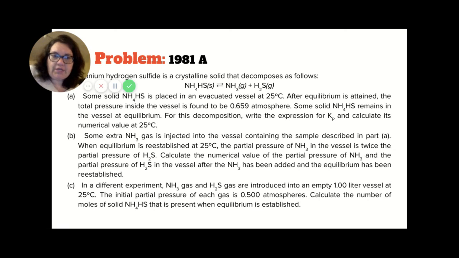It was just treated as a 1. Calculate its numerical value. We used the fact, and this is an important generalization, that we had the total pressure. The total pressure equaled the sum of all of the gases. So with that little piece of information, we were able to unlock what the X was, and then we were able to find Kp.